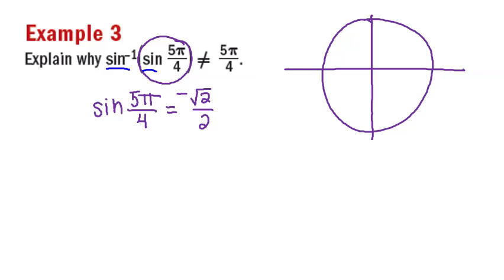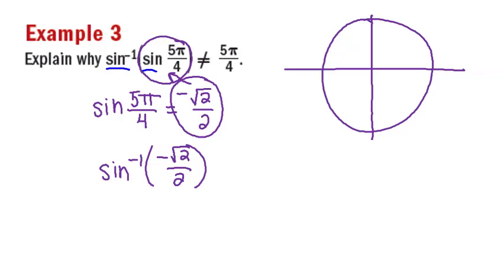Okay, as we continue to evaluate, we plug this answer in for sine of 5 pi over 4. So we are now evaluating sine inverse of negative root 2 over 2. Remember, the sine inverse function only covers the first quadrant and the fourth quadrant of the circle.